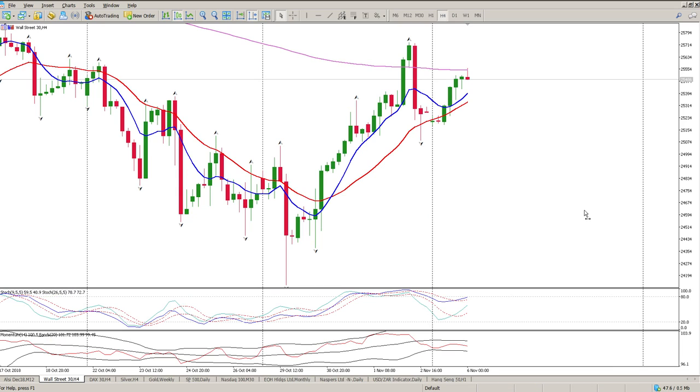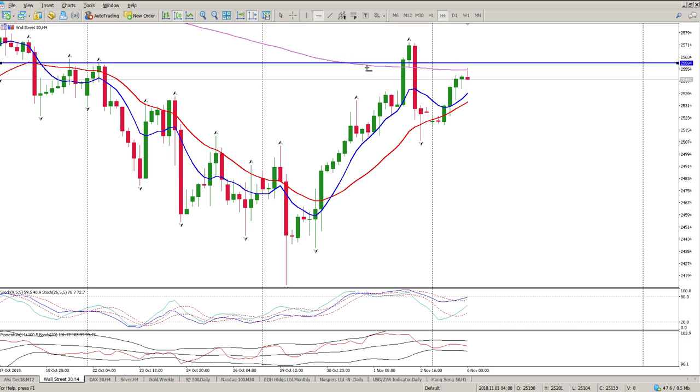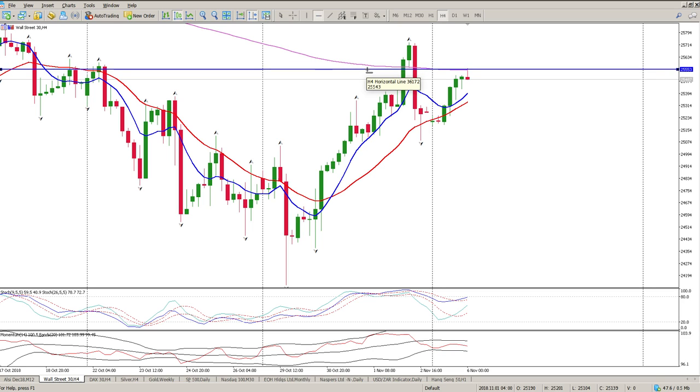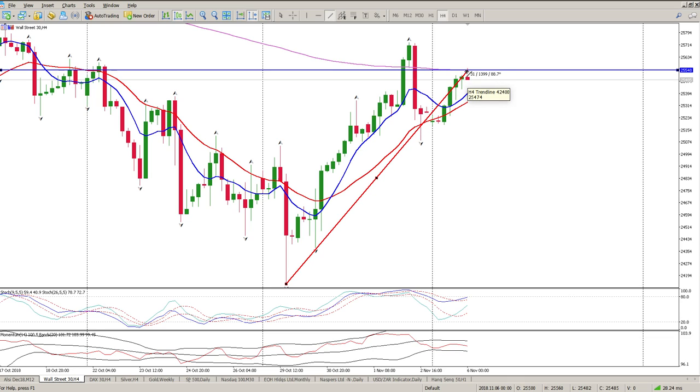First thing to notice is that we have bounced off the 200 EMA. The second thing to take cognizance of is we do have a fairly strong trend line here.